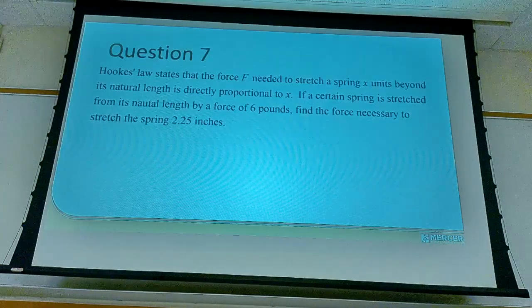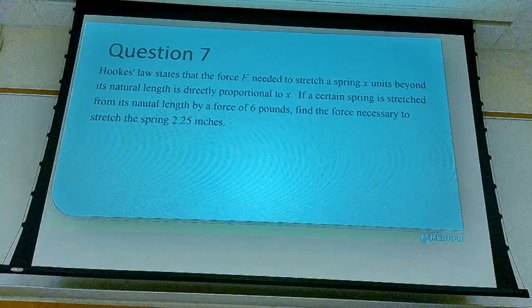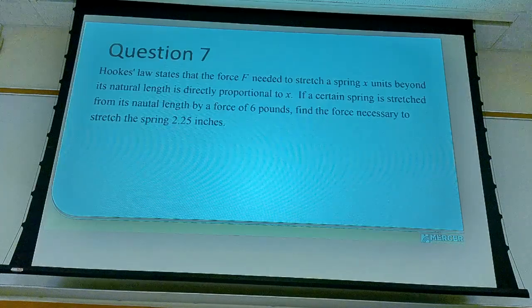Hooke's law. Hooke's law says the force needed to stretch a spring x units beyond its natural length is directly proportional to x. It's not actually what Hooke's law states.